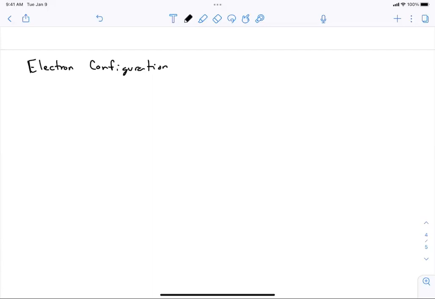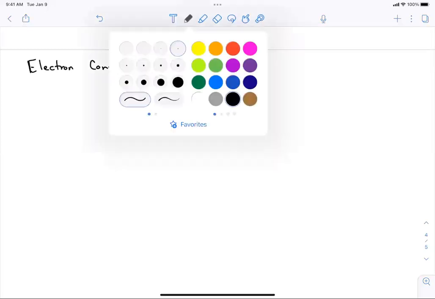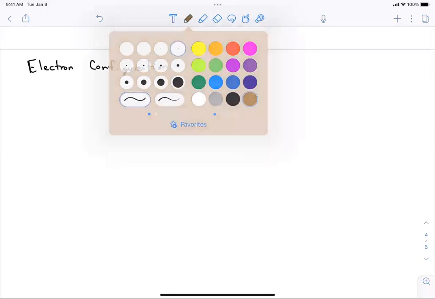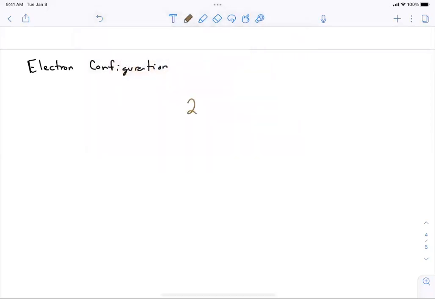Okay, electron configuration. Whenever you write electron configuration, there is a notation for it. And there's 3 parts of that notation that you have to be familiar with. That big number in front, or the coefficient, is the energy level.